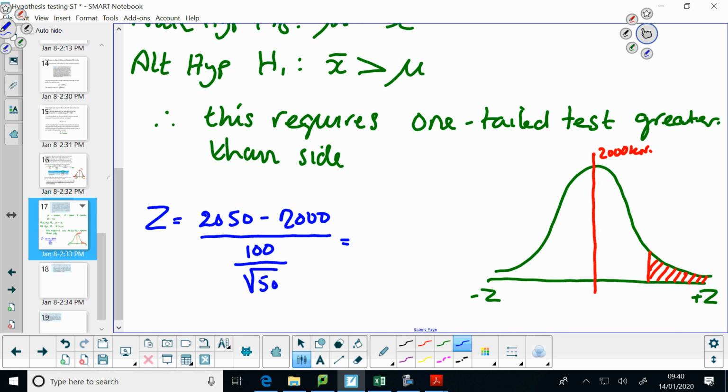And I believe you get an answer of plus or minus 3.54. Am I correct? Yeah. And from the table, what is the Z value for level of significance 0.05?